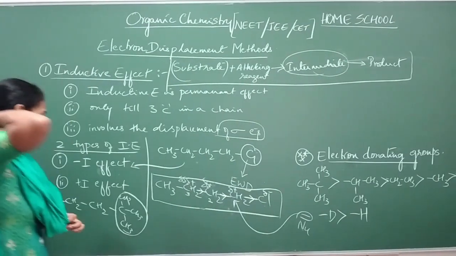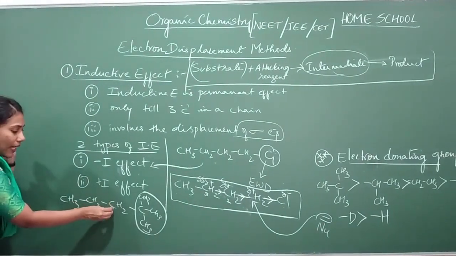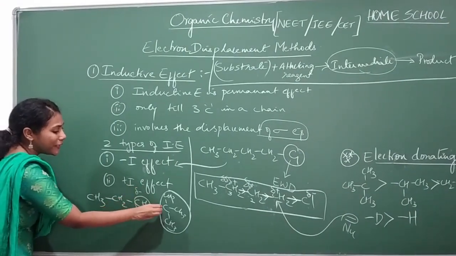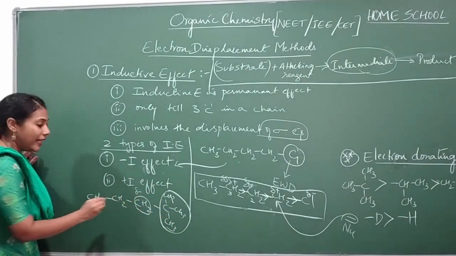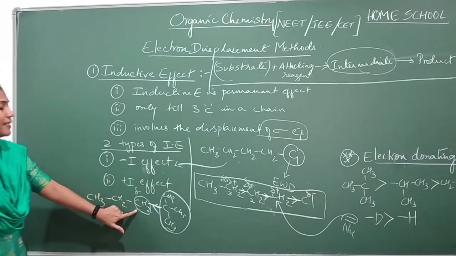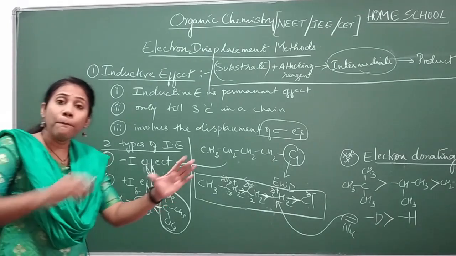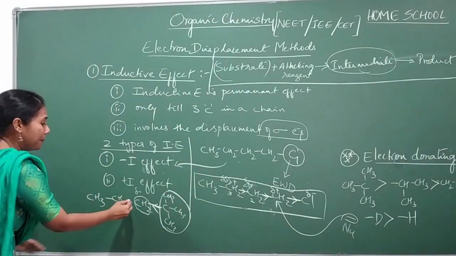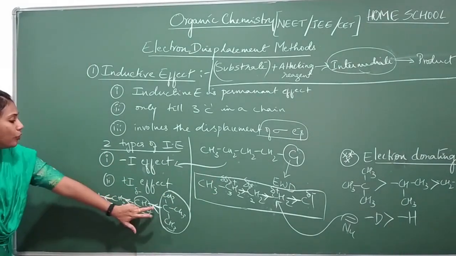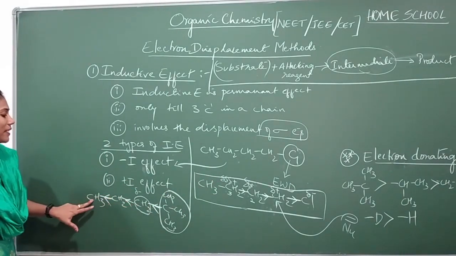Actually this particular carbon is more electronegative than this group. Then our bond is moving towards the carbons in a chain. Observe this. The bonds are moving towards carbon atoms in a chain.